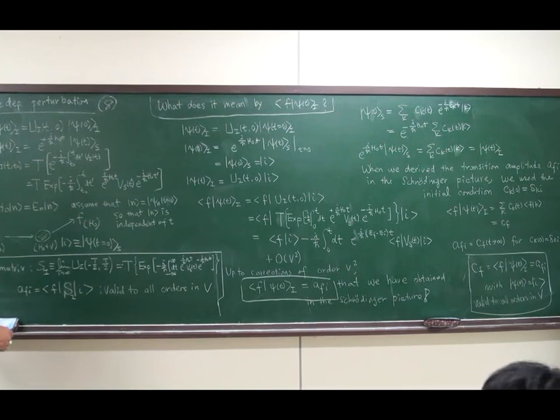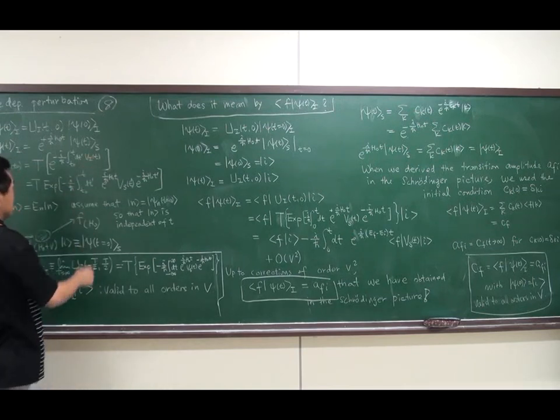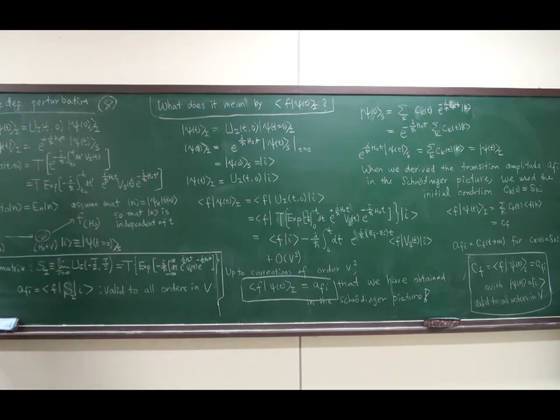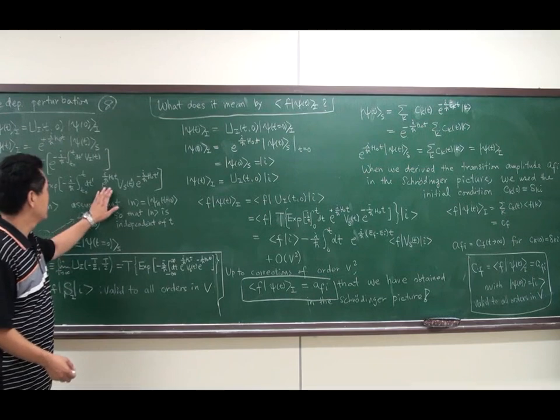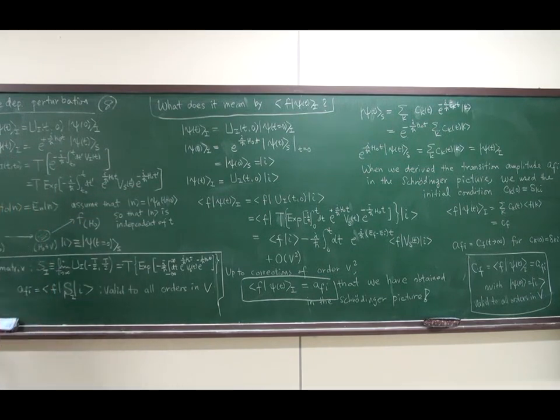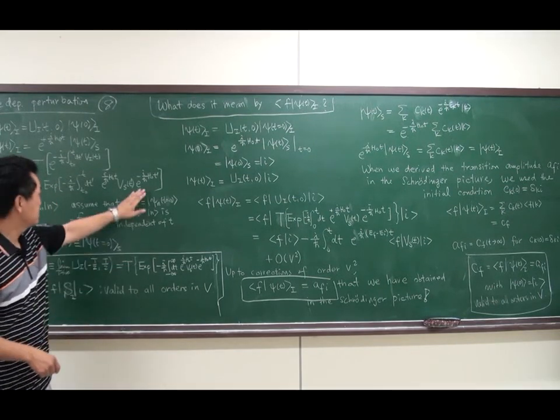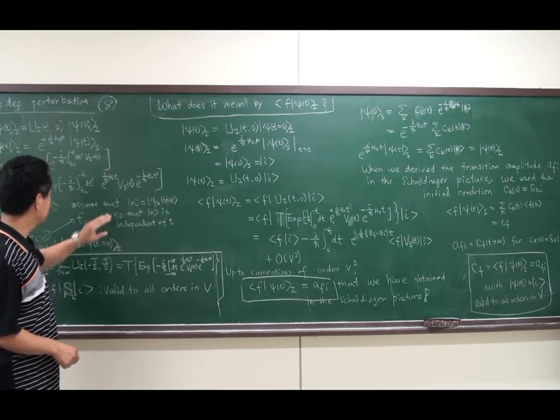The potential in the interaction picture, like any operator in the interaction picture, is the Schrödinger picture's potential sandwiched by the time evolution operator of the unperturbed state, and actually it's the inverse time evolution operator on one side.